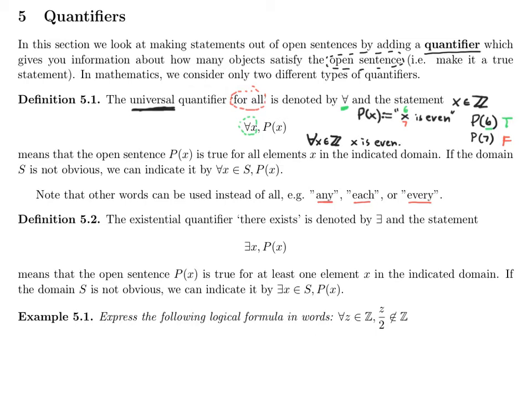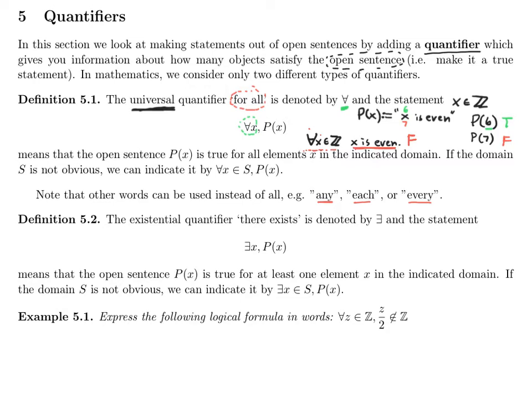Of course, 1 is not even, 3 is not even, -1 is not even. So we've turned this open sentence, x is even, into a statement by saying how many objects it applied to. Here we said all. So for all x, x is even. That's false.